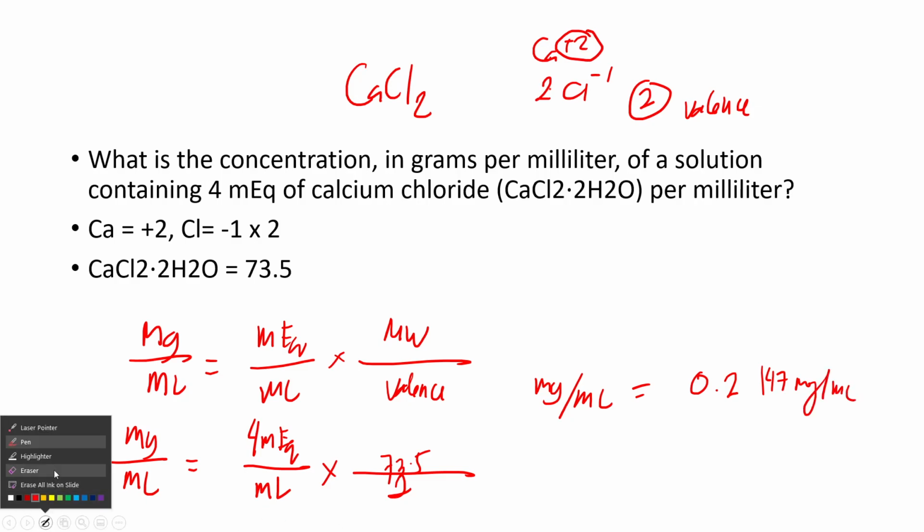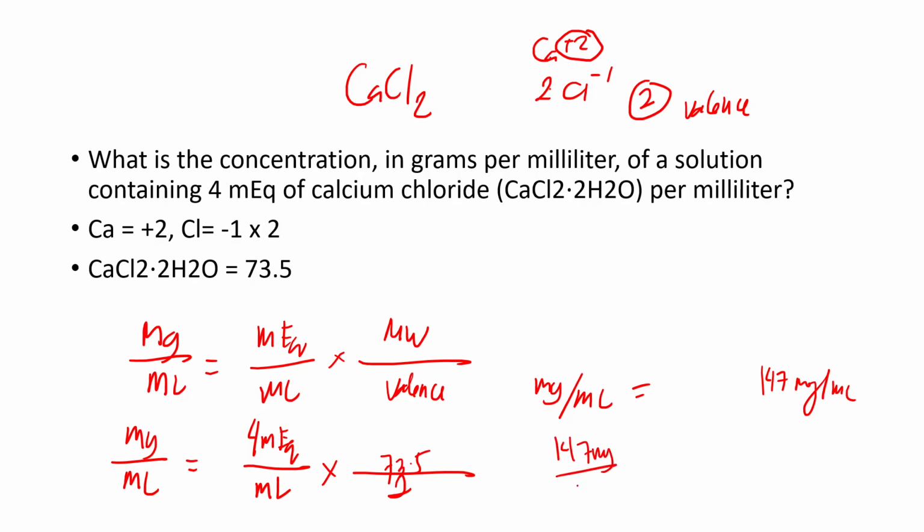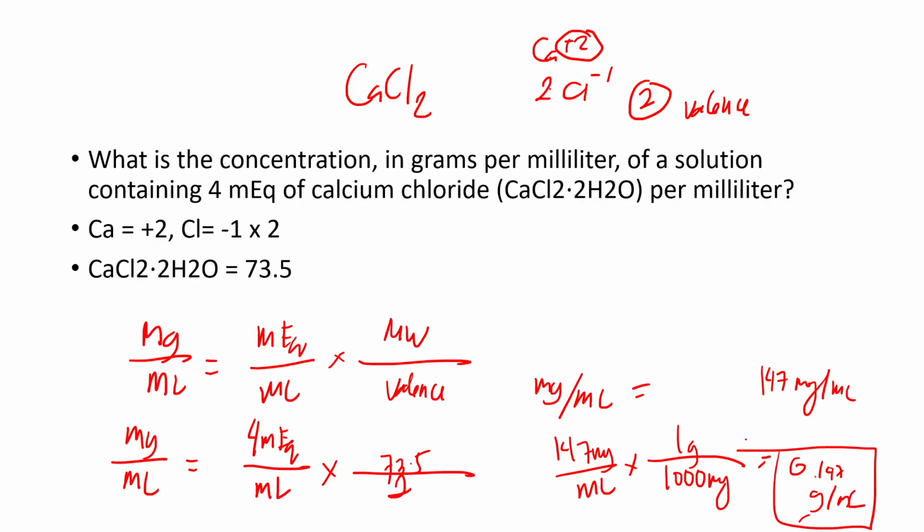However, the question is not asking for milligrams, it is asking for grams. And we simply need to convert the milligrams on top. So 147 milligram per ml, multiplied by 1 gram over 1000 milligram, is 0.147 gram per ml. That's the answer to that.